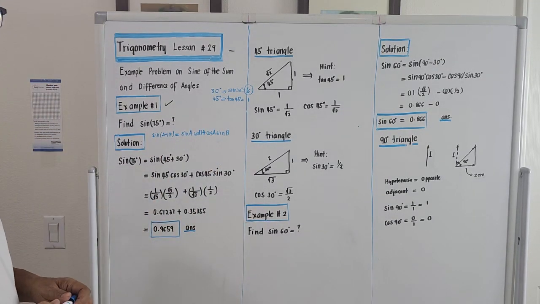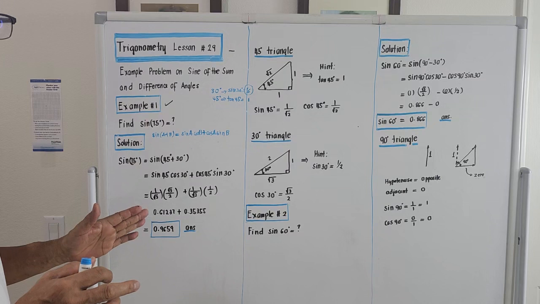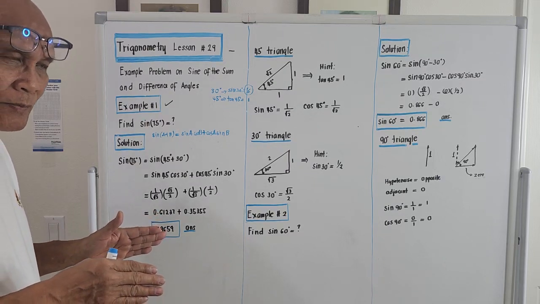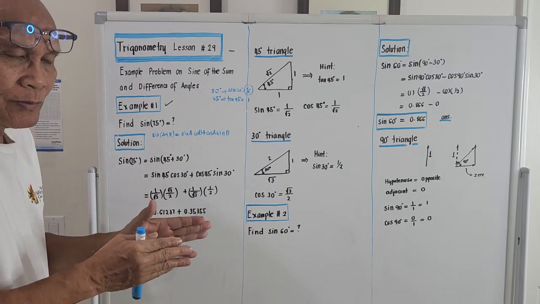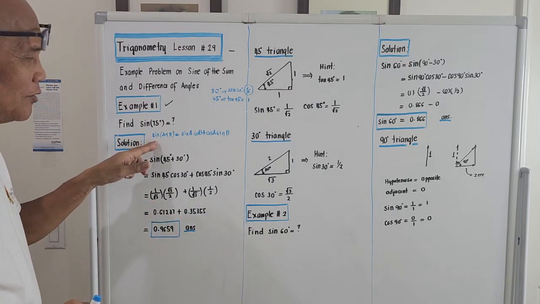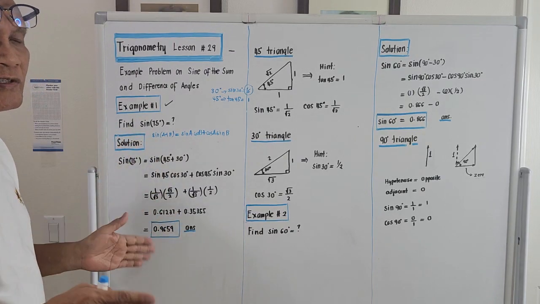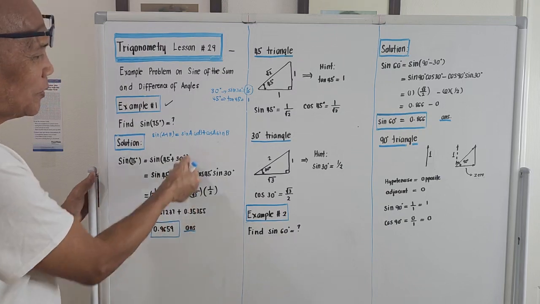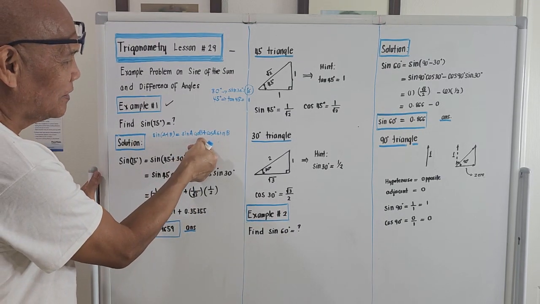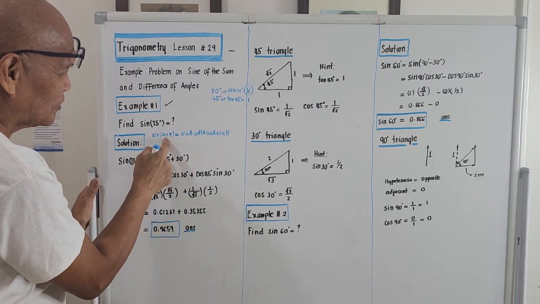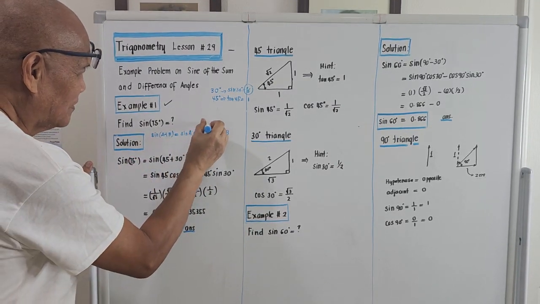That's how I formulated my formula so that I don't have to struggle remembering it. So if it is the sine of the quantity A plus B, I will just write sine, cosine, cosine, sine. Then I will place the first angle, second angle, first angle, second angle. If this is plus, this should be plus.